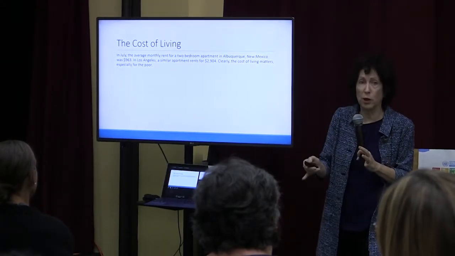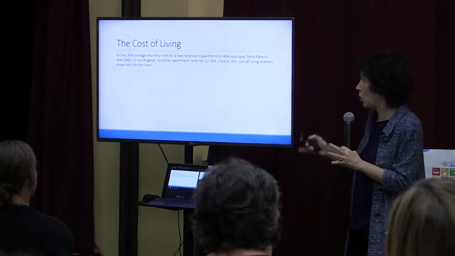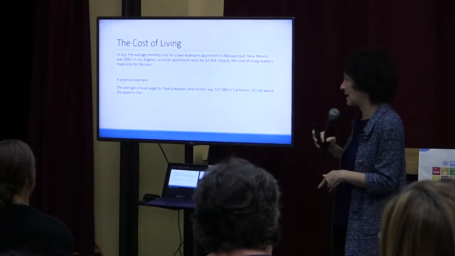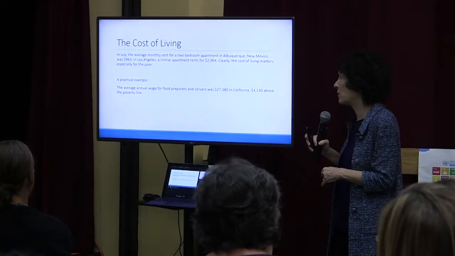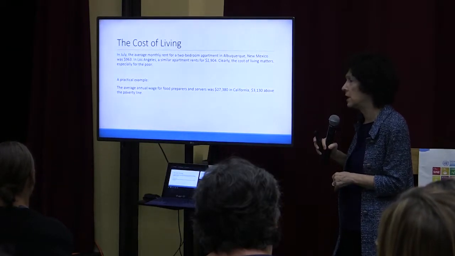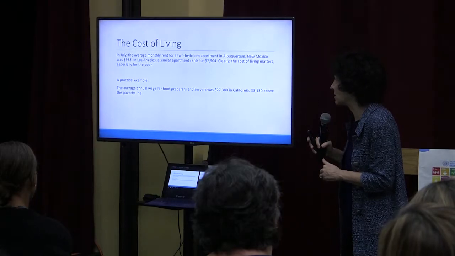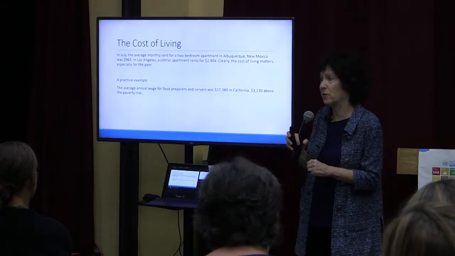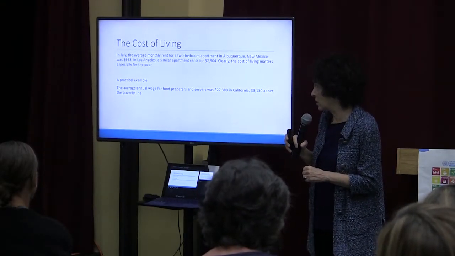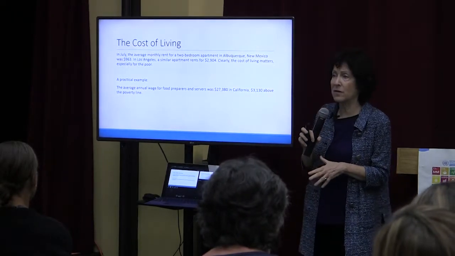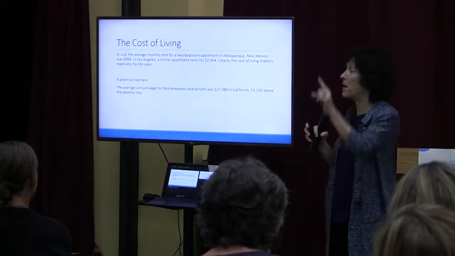And then there was another way to look at it that helped me more, or also. Here's a practical example. The average annual wage for food preparers and servers, people who work in the restaurants that we all eat at, was $27,380 in California. That's annual wage. People living on less than $30,000, and that's $3,100 above the poverty line.